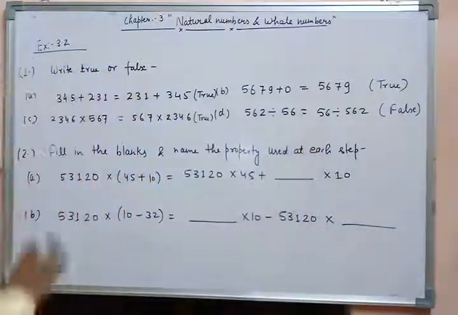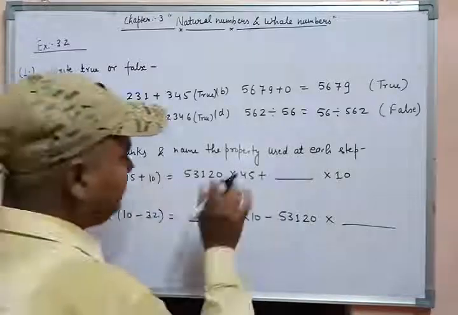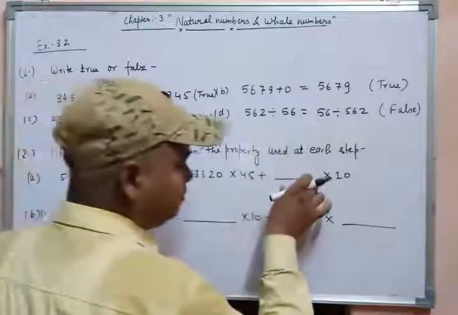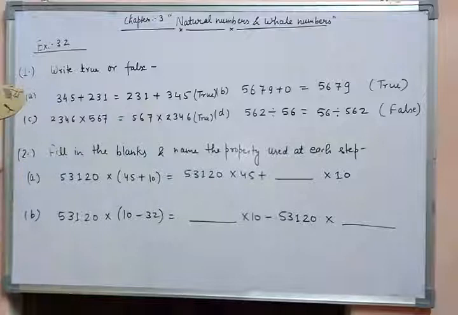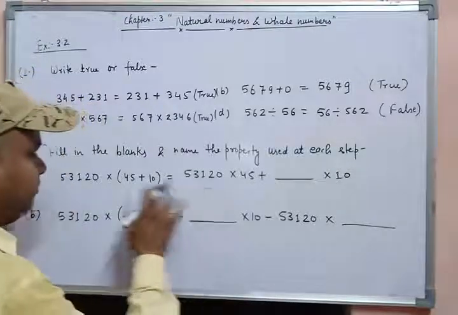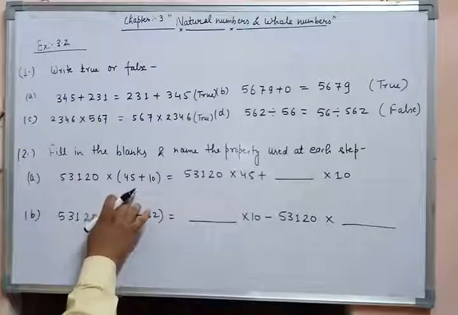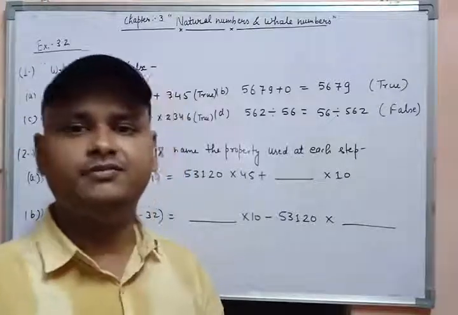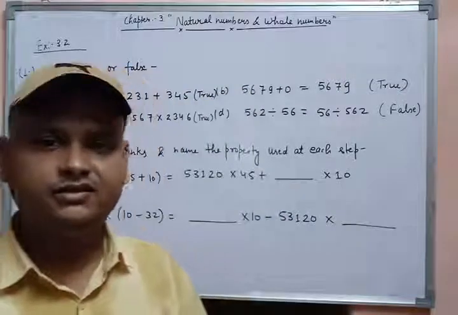Now in the second question, you have to fill in the blanks and mention the property we are using. This question is based on the distributive property of multiplication over addition and subtraction.